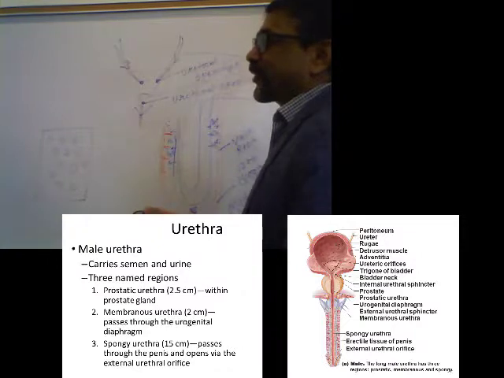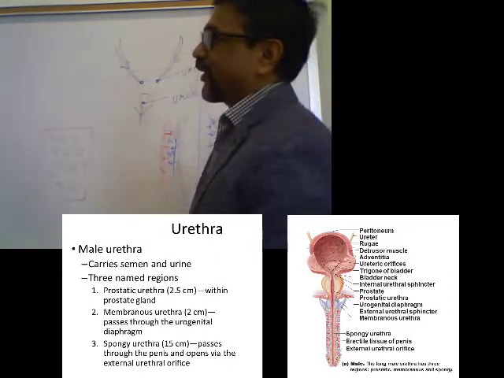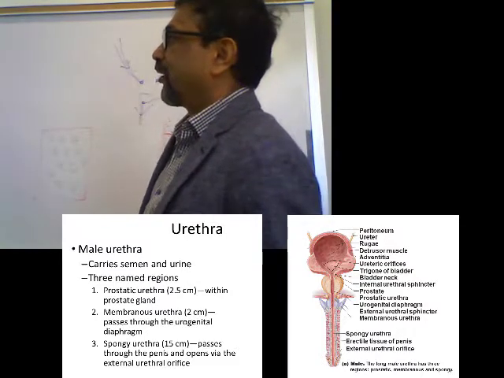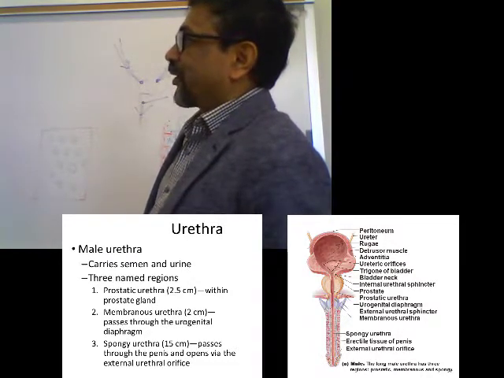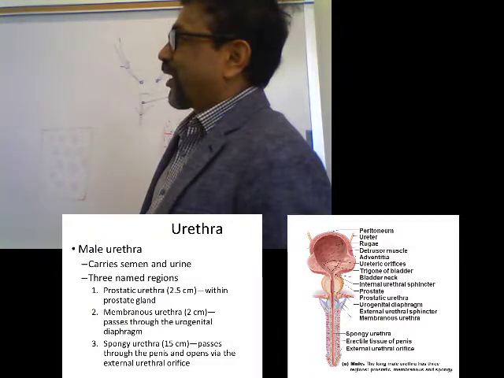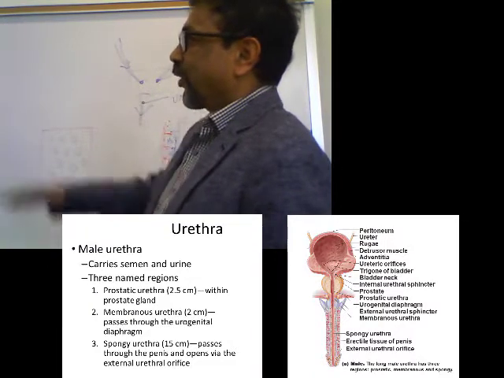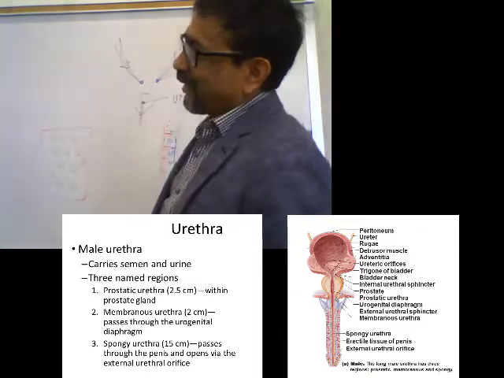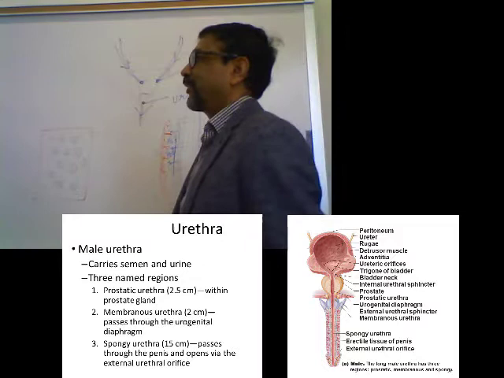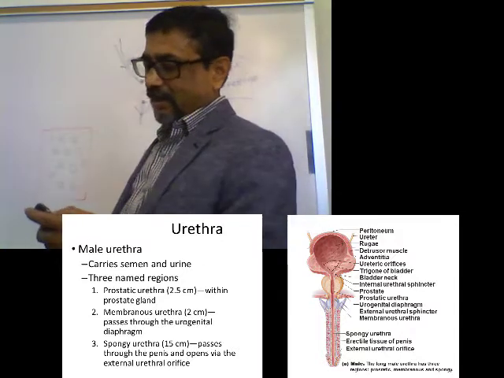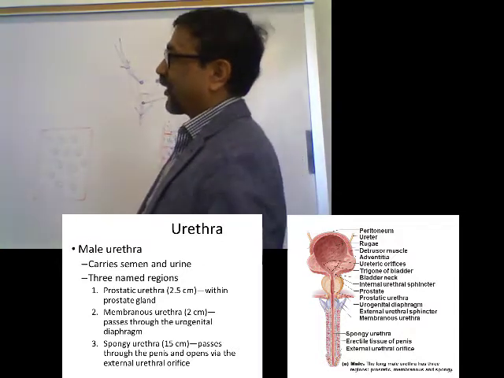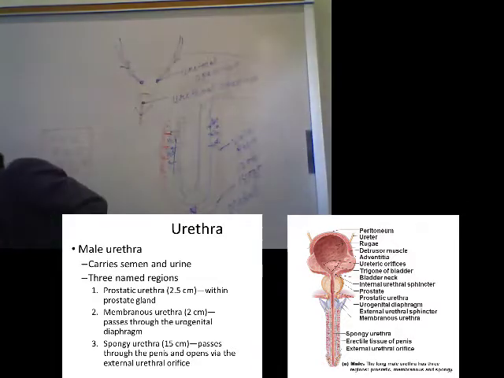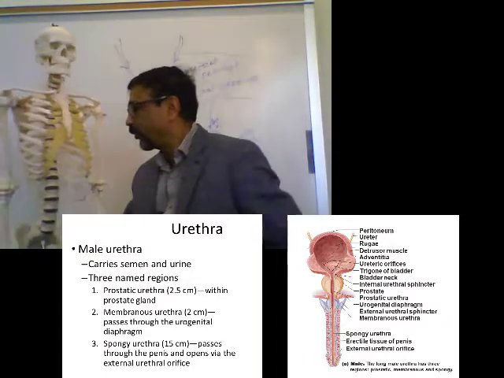Now, if you see this picture, you see the part inside the prostate, that's the prostatic urethra. And now you see the middle part, you see the diaphragm, a flat muscle is going like this. And inside that diaphragm, that part is the membranous urethra. The diaphragm is called urogenital diaphragm. So in your body cavity, you have 2 diaphragms.